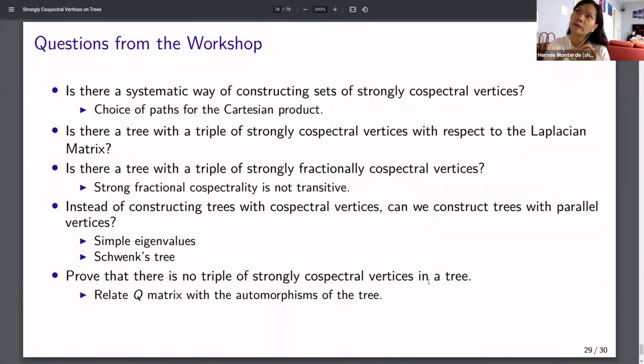Yeah. Do you think we can use the same technique for the Laplacian? Because most of these are for the adjacency matrix, right? To try to construct cospectral vertices, but with respect to the Laplacian matrix.